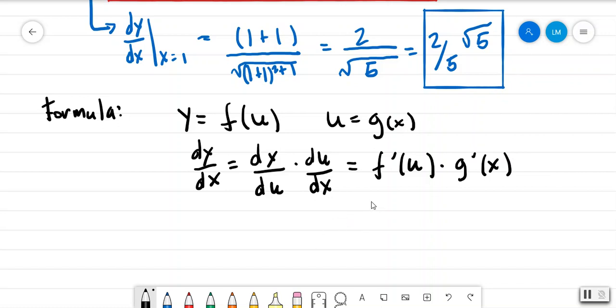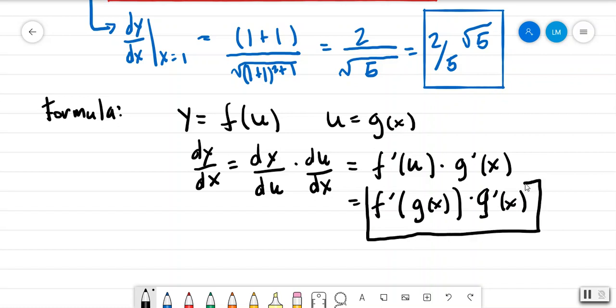So this becomes f prime of g of x, and then that's multiplied by g prime of x. So my derivative of my composite function is f prime of g of x multiplied by g prime of x.